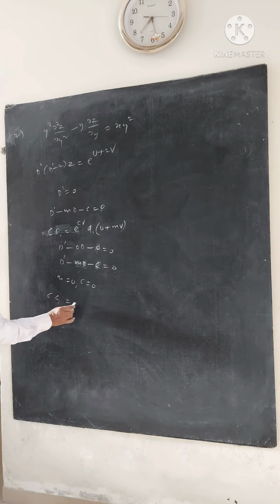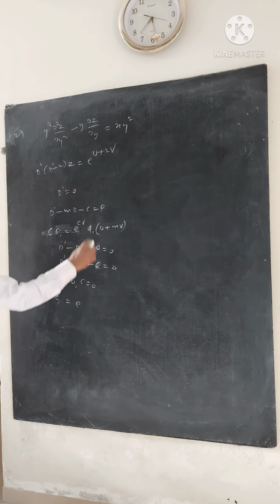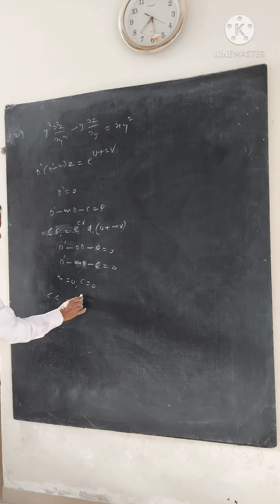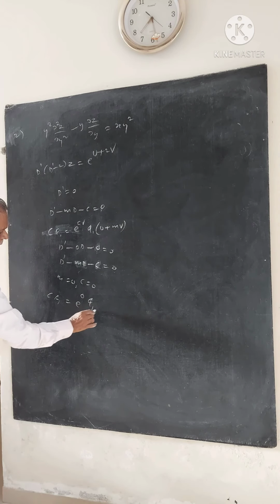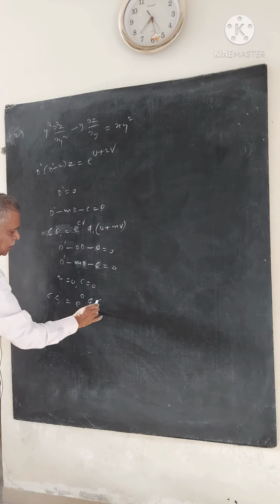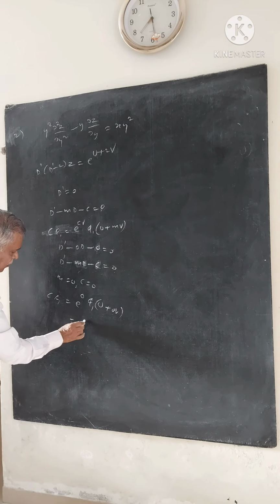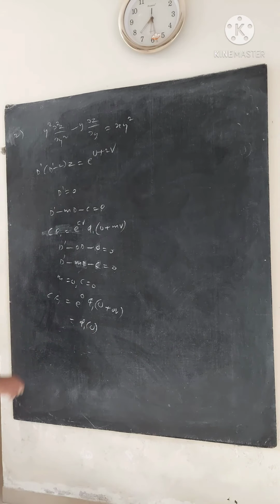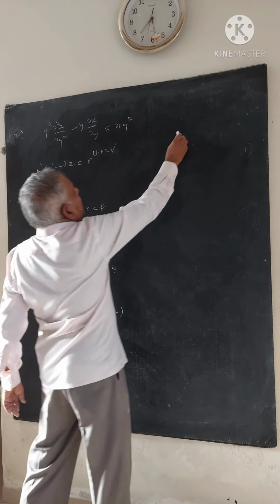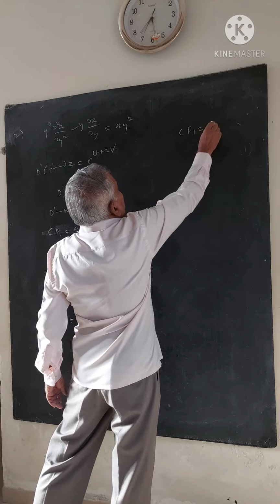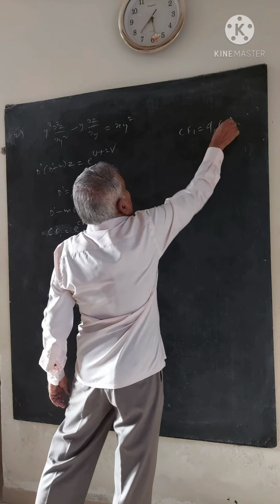Therefore, CF1 equal to e power 0, phi 1 of u plus 0v, equal to phi 1 of u. CF1 is phi 1 of u.